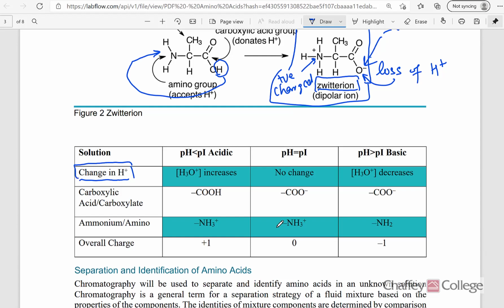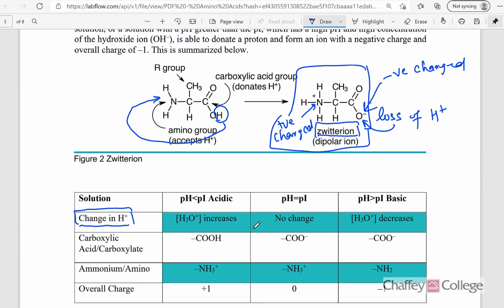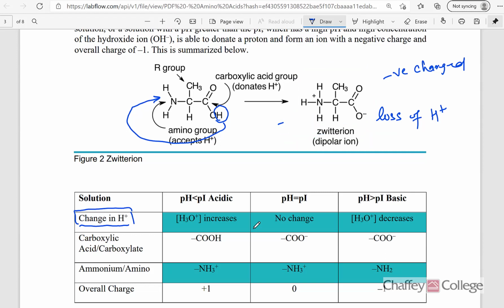So then the carboxylate ion, this COO negative part, will gain a proton and it will become COOH. So in acidic solution, the negative charge will disappear and it will become COOH, but the amine's positive charge remains the same.